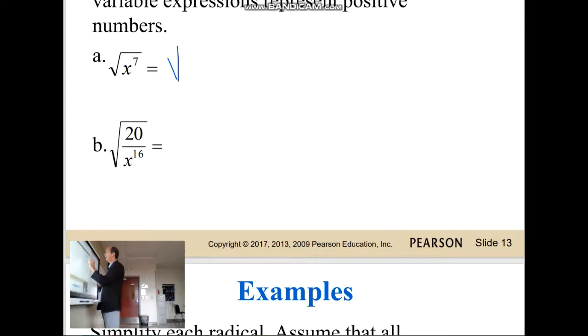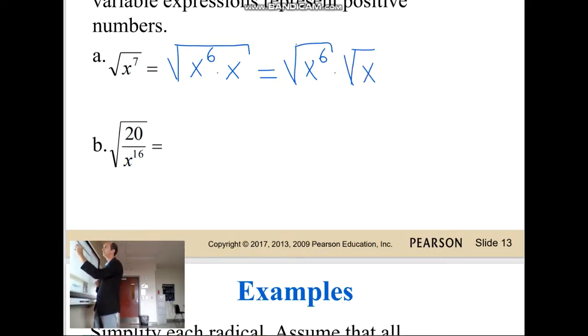We can rewrite this as the square root of x exponent 6 times x. Now we can write this like that: square root of x exponent 6 times square root of x. And this term here, we can simplify.